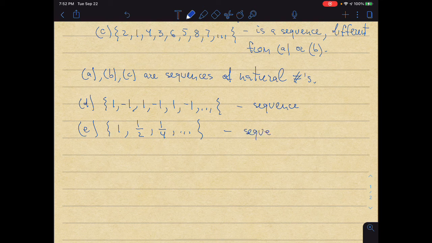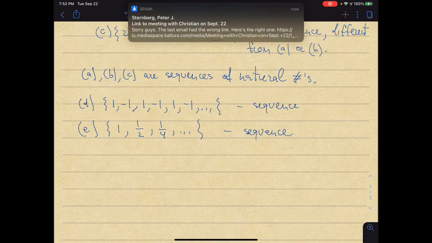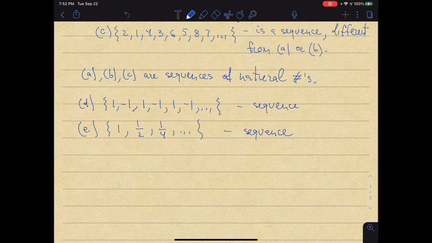And in the case E, again, it seems that I specified exactly what is going on, because what I'm putting at each position is going to be 1 divided by 2 to the power of the position of the element minus 1.